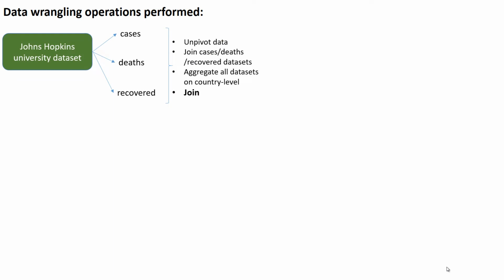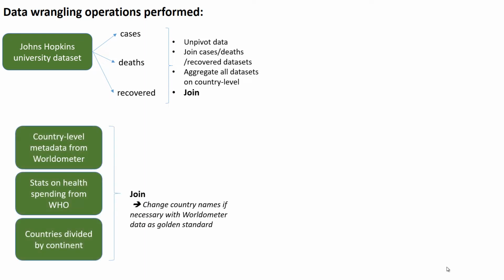So this is what I've done. Very short, I joined the 3 data sets of Johns Hopkins on the cases, deaths, and recovered individuals of the corona crisis by country and by date. I also took the metadata from the other sources. I joined them as well, and I changed the country names if necessary.